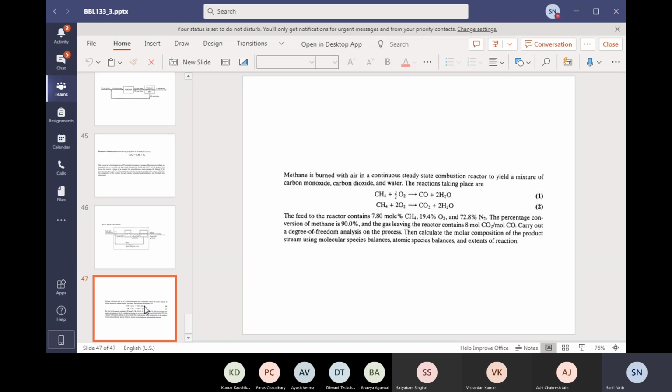Here it's exactly like the earlier problem, but that time we had complete combustion of methane. Now you can have incomplete combustion of methane. So why don't you take a look at this, and next time we can discuss it. And if there's anything else, we can.